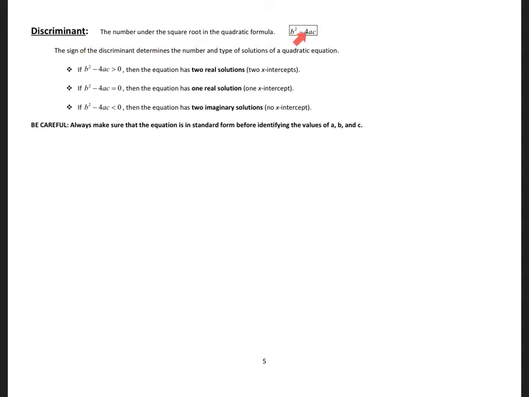And this is the formula for the discriminant. And you see this is whatever is under the radical sign. If b squared minus 4ac is greater than 0, then it means you have two real solutions. You have two x-intercepts. So that means the graph could be something like that. It has two x-intercepts, so two real solutions.